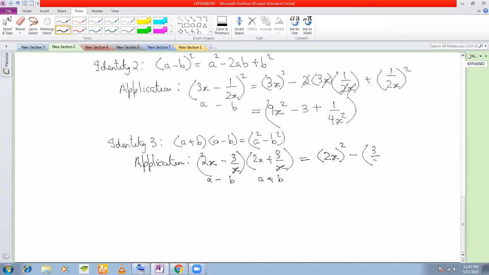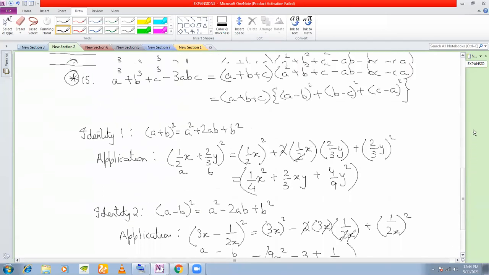B is 3 by x, and therefore you have 4x square minus 9 by x square. So that is what your identity 3 is.